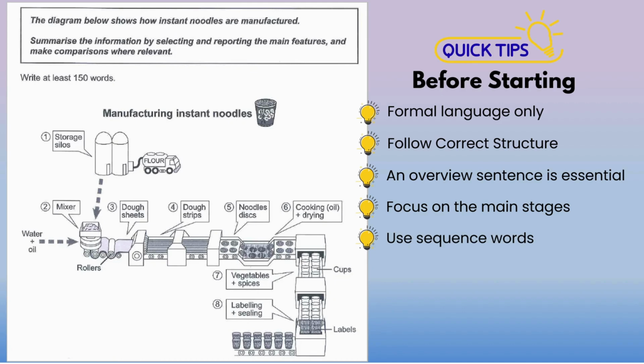Use the sequence words. You can note that there are 8 steps in the manufacturing process. So you can start it with initially, then followed by, later, after which, finally, secondly, thirdly. These are sequencing words. You give sequence to the steps.